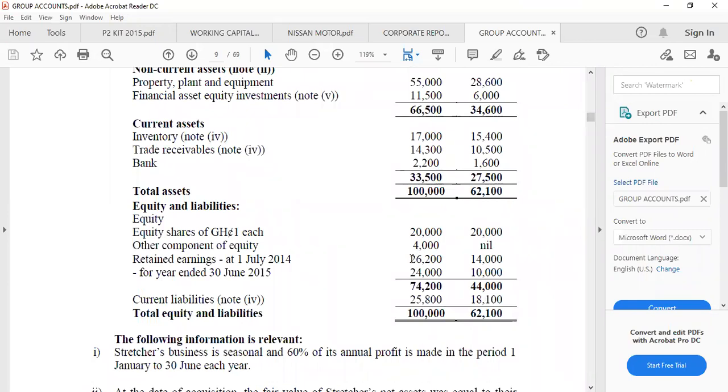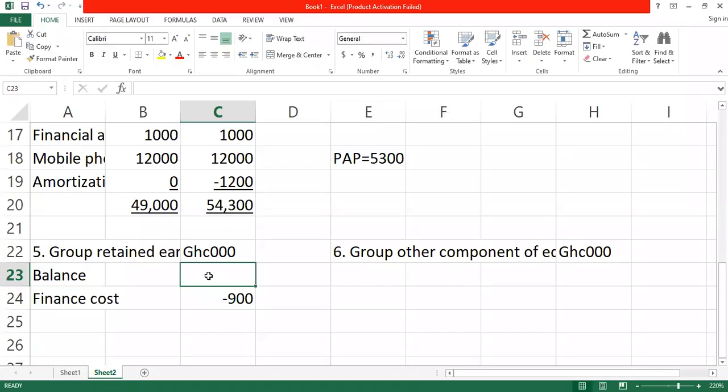What was the parent's profit at the start of the year? 26,200. That is at the start, isn't it? Yes. And their profit for the year is how much? 24,000. So what will be their total retained earnings? 50,200. So you bring it here.